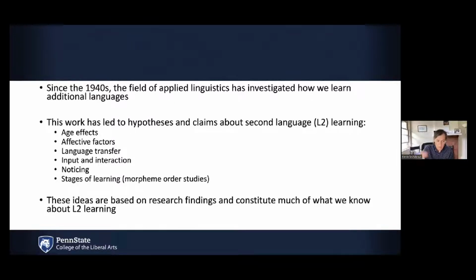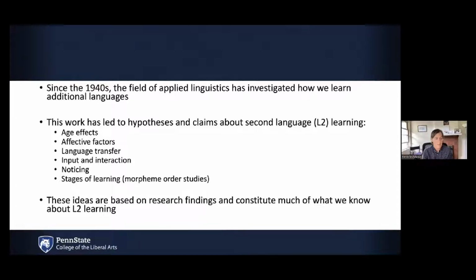What we have here is just a small list, to give you an idea that our field, the field of applied linguistics, is characterized by these main ideas. Some of them are theories, some of them are hypotheses, but we could very loosely call them claims about how languages are learned.